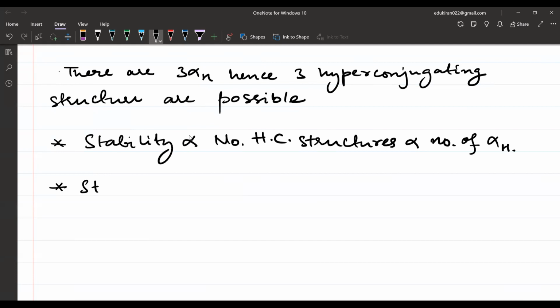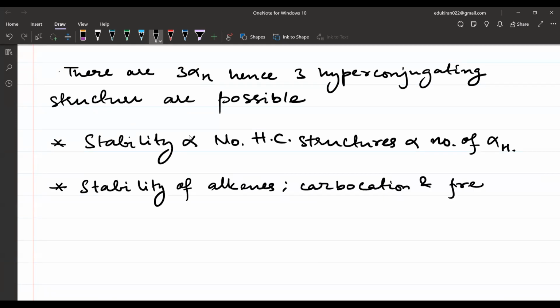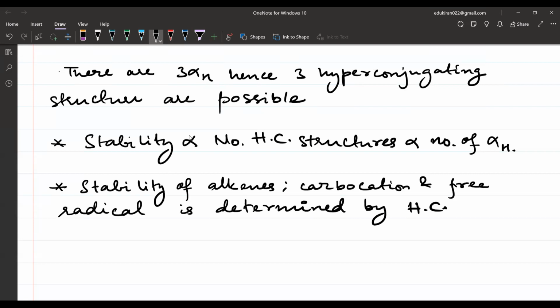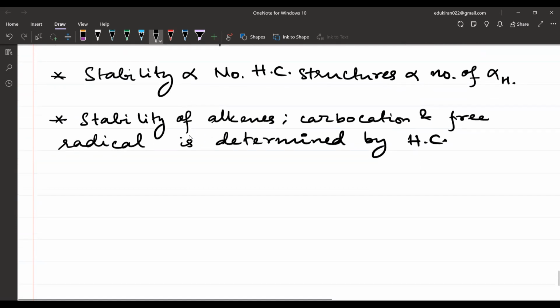Also write, stability of alkenes, carbocations, and free radicals is determined by hyperconjugation. Okay, that is why if you have CH3 positive, this has 0 alpha hydrogen.